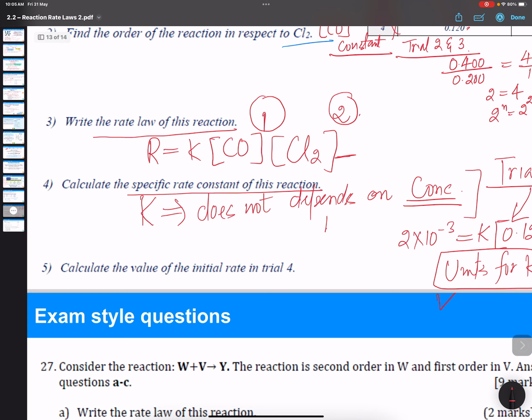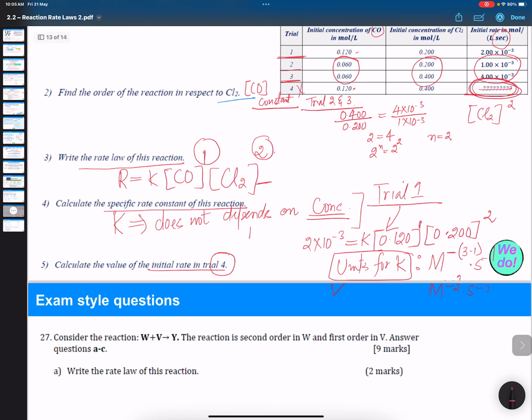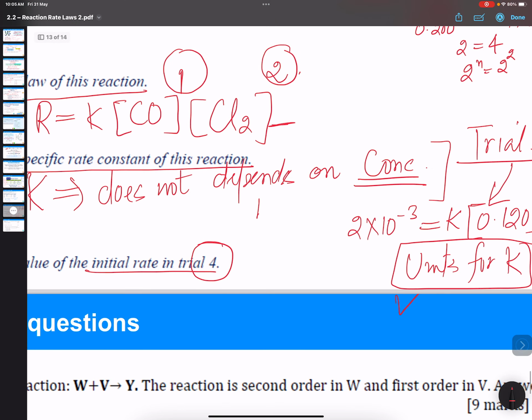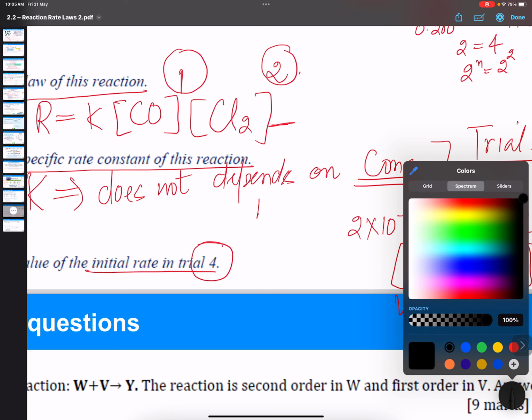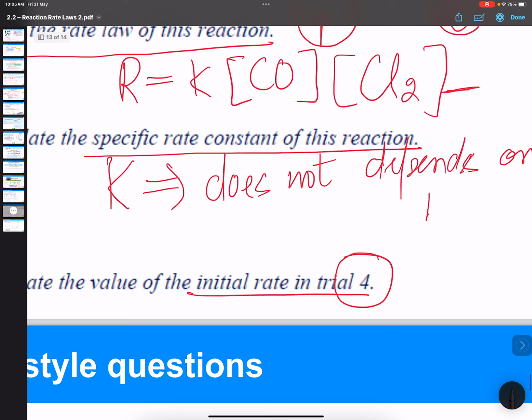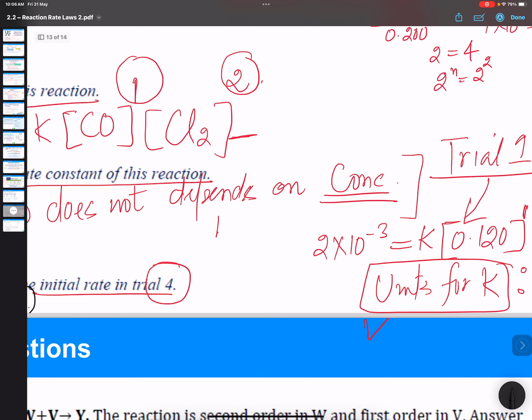Next question, calculate the value of initial rate for trial 4. Now you have to calculate this. You will be having the value of K from here. Give me a moment. Then using the same formula, the rate law, you will substitute.